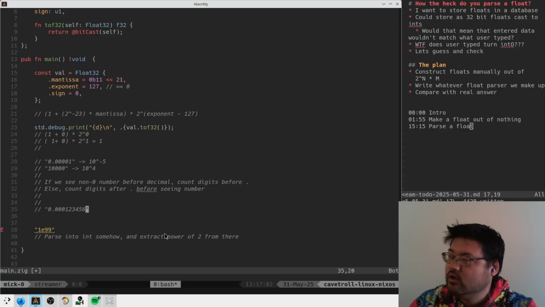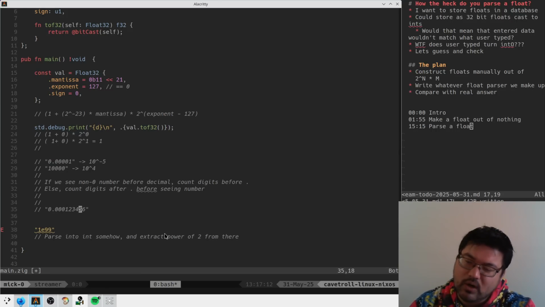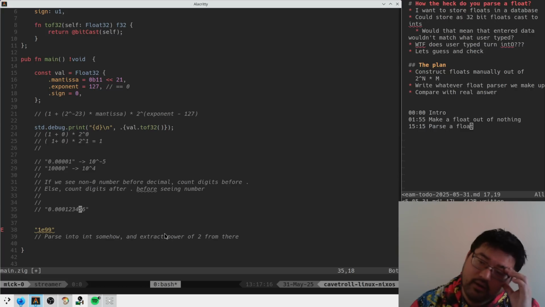So you could parse this, just keep going forwards along this thing until you run out of bits. There's probably some way to do that.